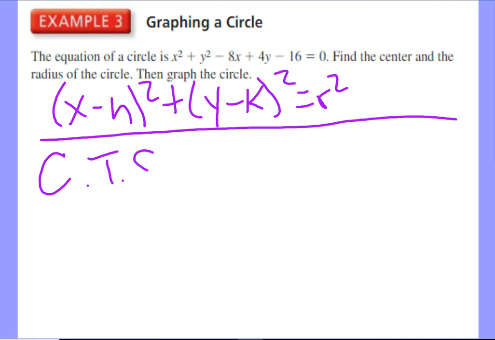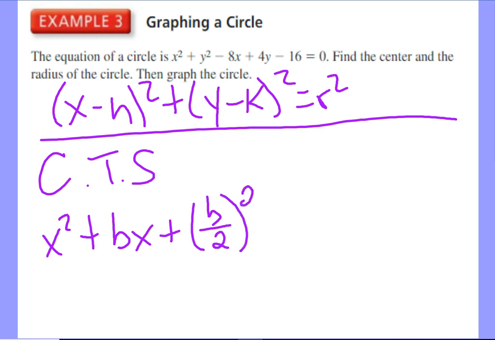Well, completing the square is a topic that basically says this. If we have a binomial in this fashion, x^2 + bx, I can complete the square by making it a binomial being squared. I can add the second coefficient divided by 2, squared, and I will be able to factor this form to look like this.